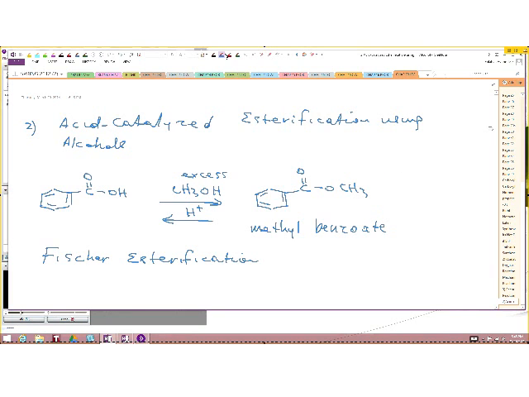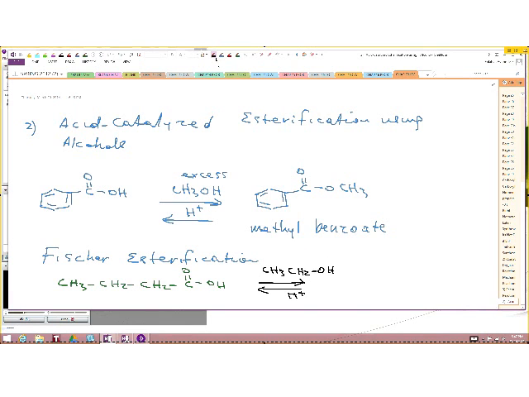So we could, for example, do this. This time we could use ethanol as the alcohol and then some acid as a catalyst.